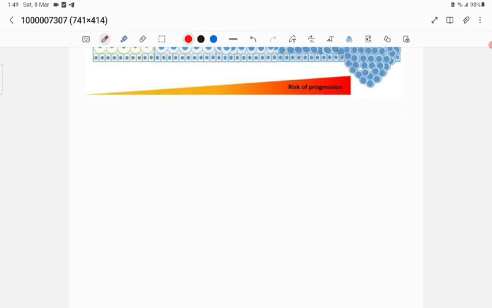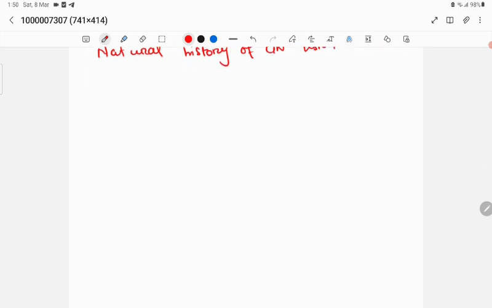First, we'll see today the natural history of CIN lesions, like cervical cancer lesions. First is CIN1.